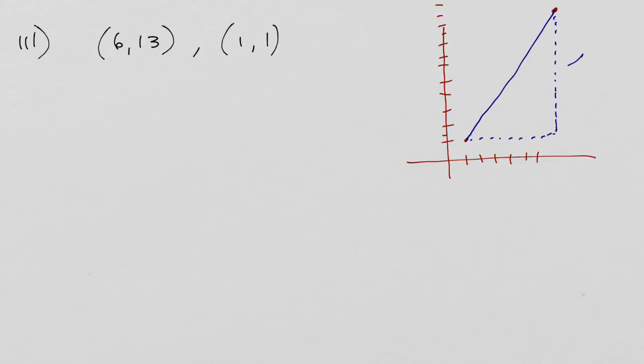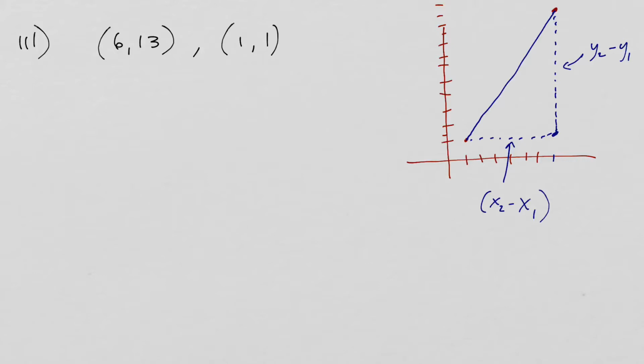This y value is the difference in the y's. In other words, it's y2 minus y1. This is the difference in the x's. In other words, it's x2 minus x1. Okay, so you don't have to draw this out as long as you understand that this is what you're doing.